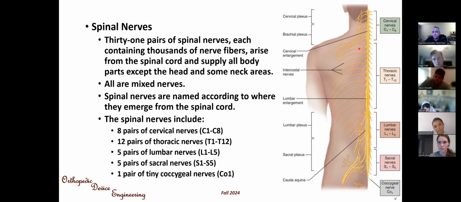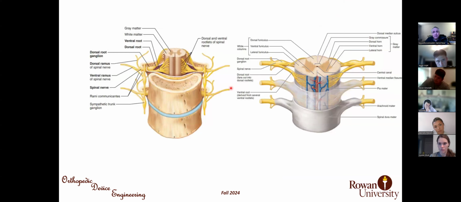We have a pattern of nerves outside the nervous system, and this is a structure of the nerves that are exiting the spinal cord. They join together and form the nerves, as you see here.